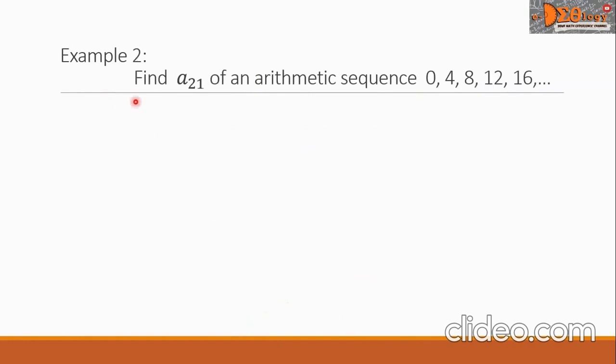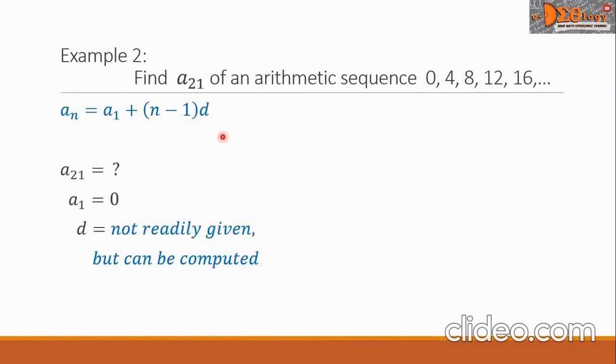Example 2. Find A sub 21 of an arithmetic sequence 0, 4, 8, 12, 16. The general term formula is written here, and let us write the given and the required values.